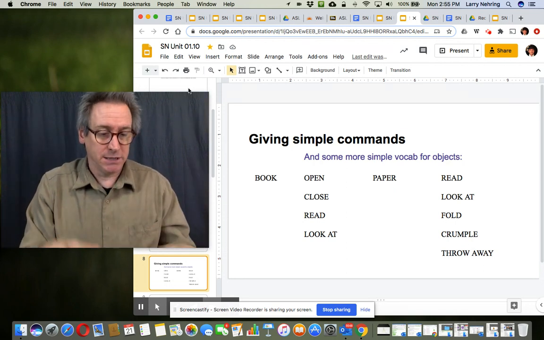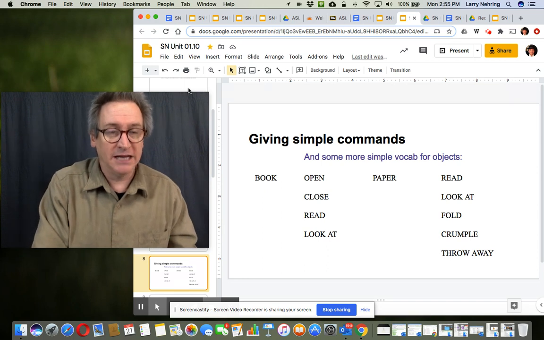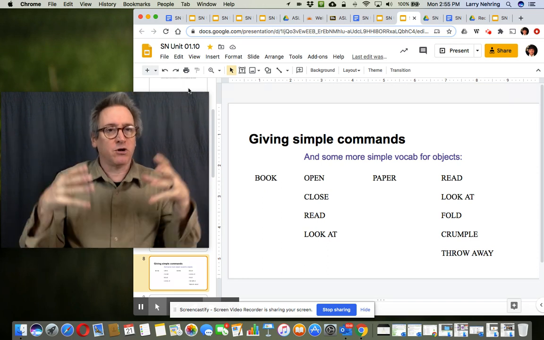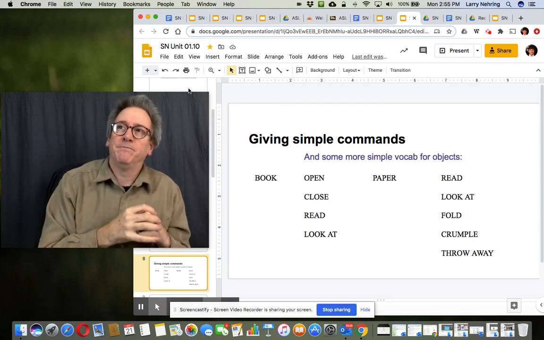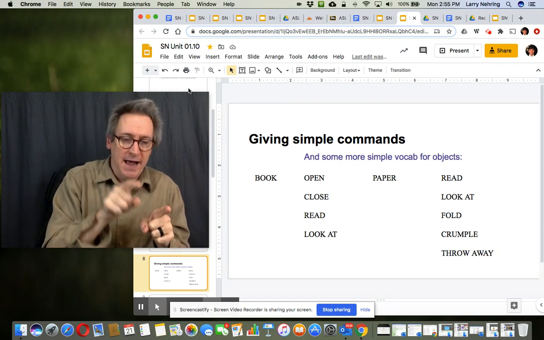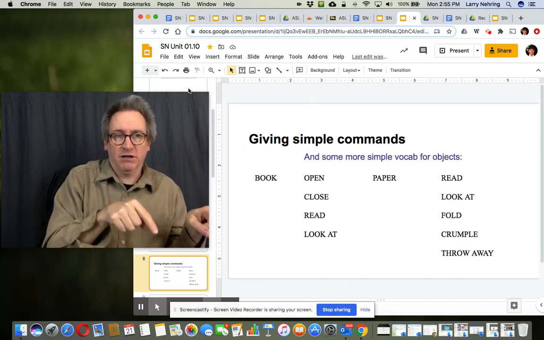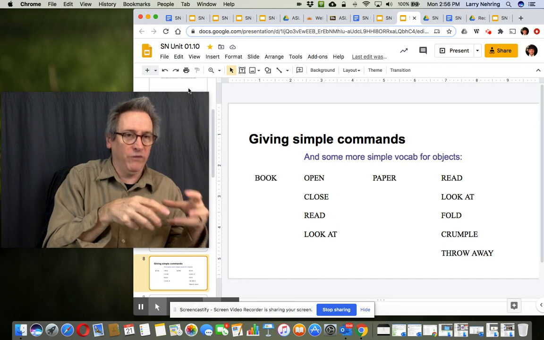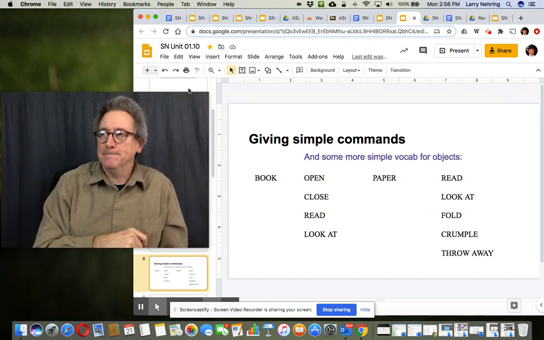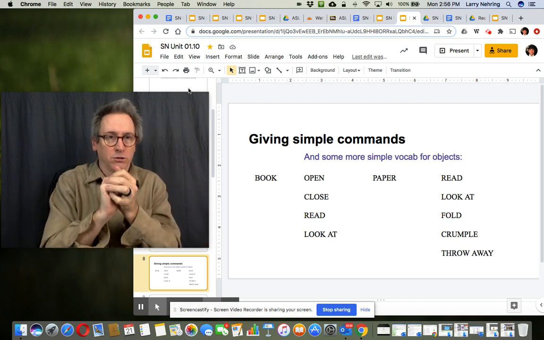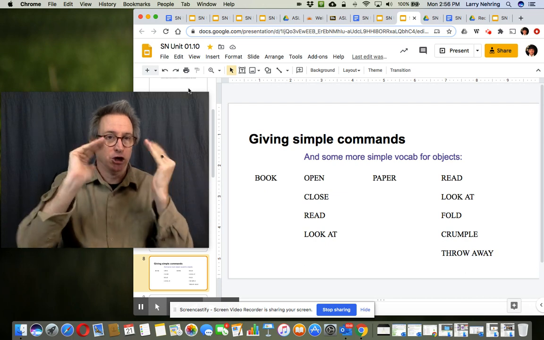I think in the last unit, I may have mentioned the term instrument classifier. There are kind of signs that we use that classify objects. And it classifies them by showing how we use them, not necessarily what the object looks like. Best way to say it. So, best way to show it is crumple paper. The paper's between my hands and I'm crumpling it. I'm not actually showing the paper.